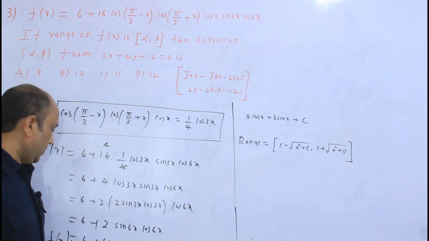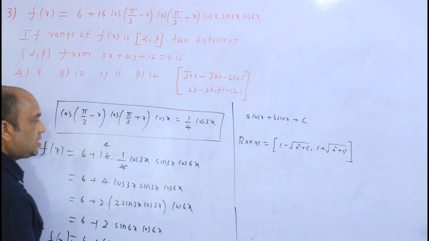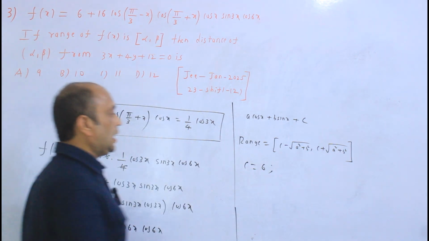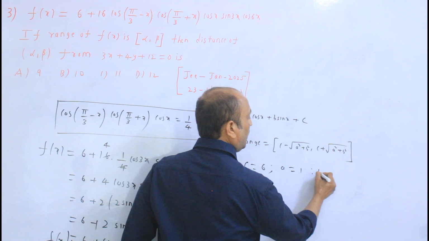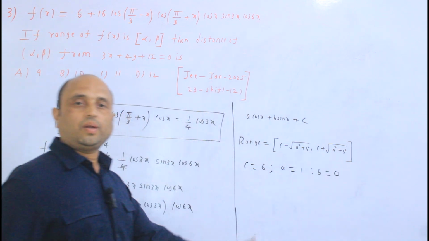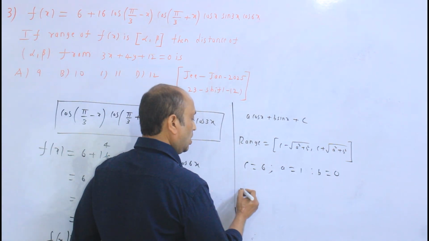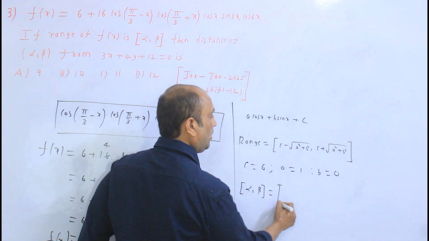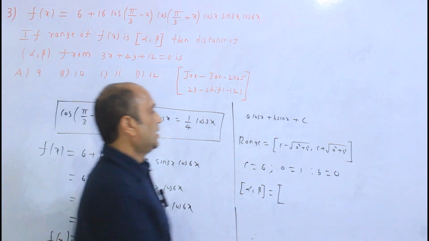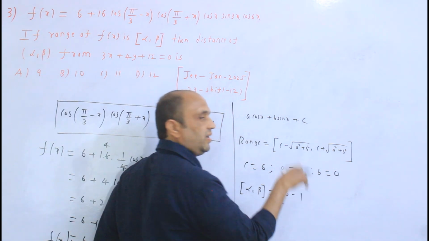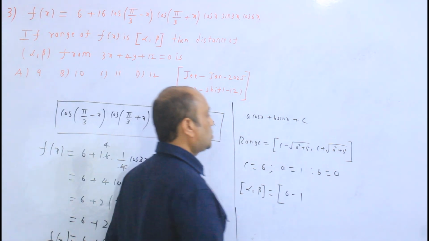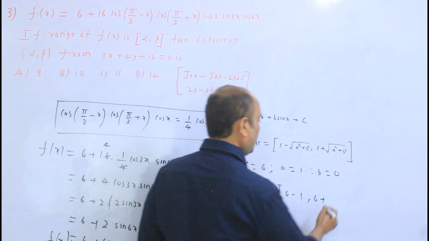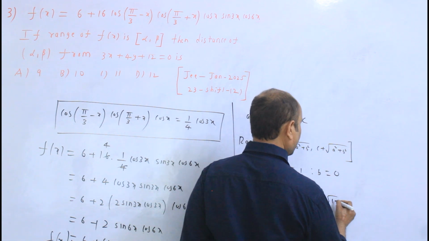So here we want to find the range of this function. Here c is equal to 6, a is equal to 1, b equal to 0. So the range alpha comma beta is c minus under root of a square plus b square, to c plus under root of a square plus b square, that is 6 minus 1, 6 plus 1.